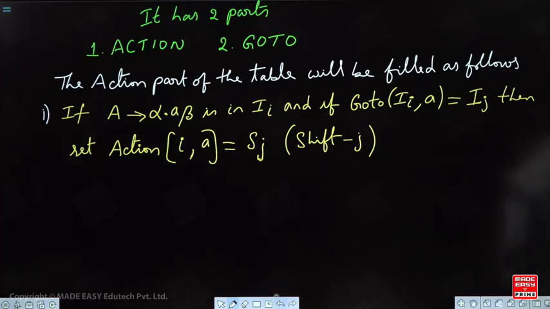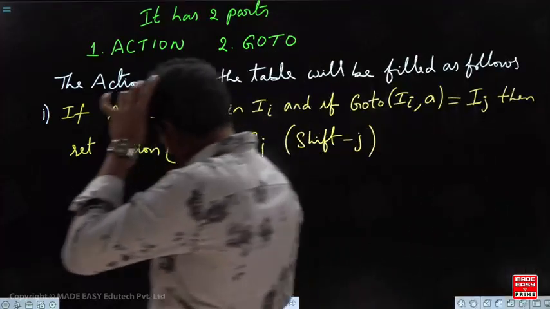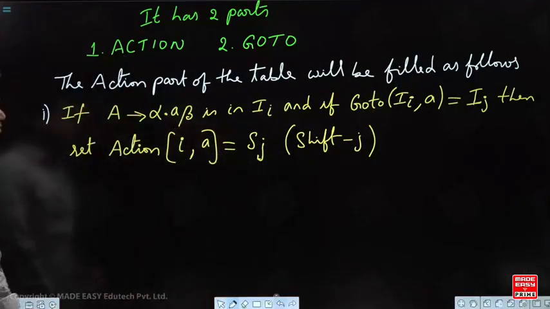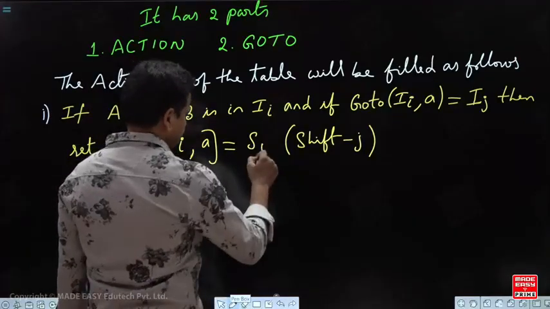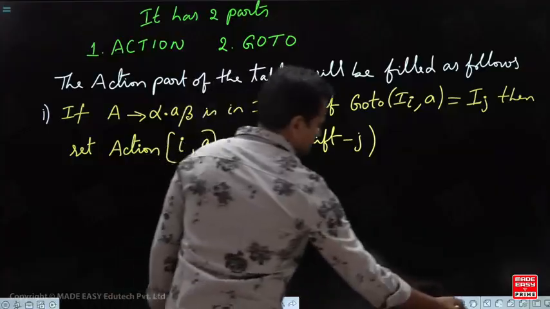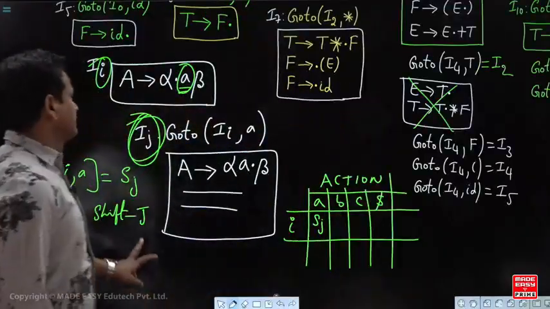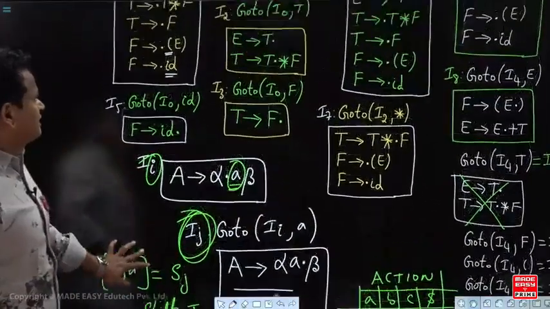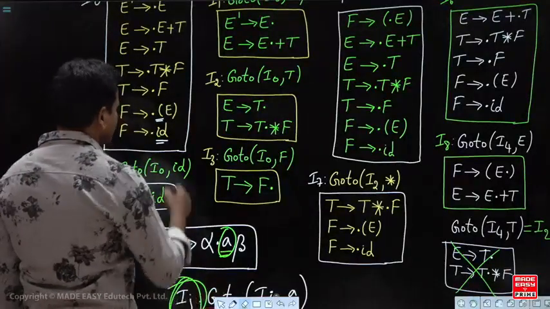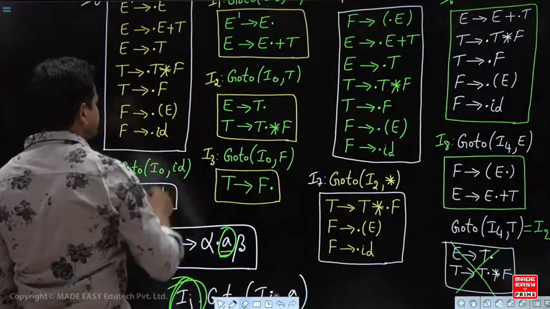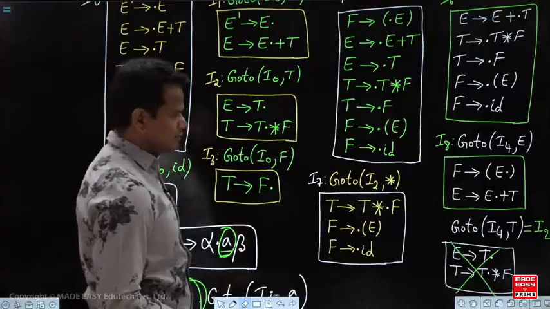Okay. Next, second rule. Do you remember this part I told you? While filling the table, dot after, if it is a terminal, we enter in the action part.